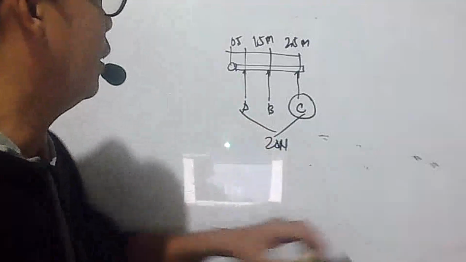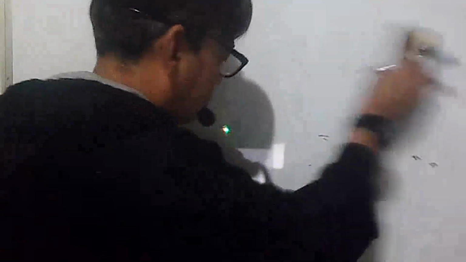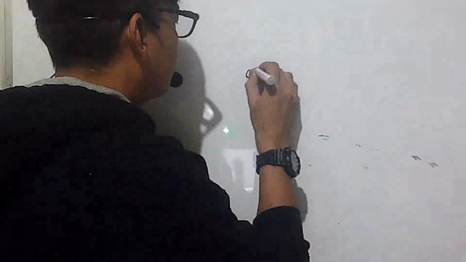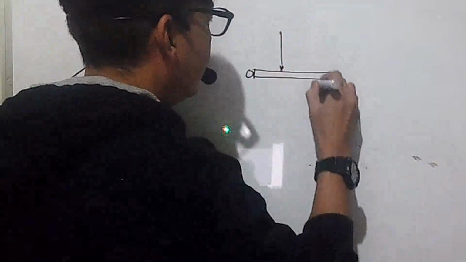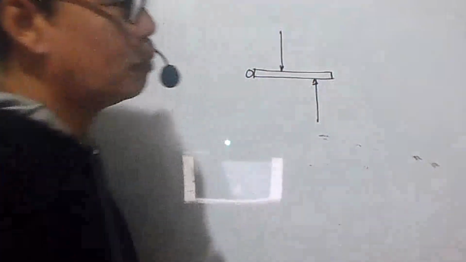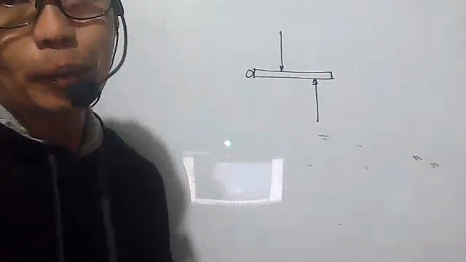Let's try to place values. Let's say this is your door, and you have two forces acting on it, one here and one here. One is pushing outward, one is pushing inward, so two persons are pushing the door.